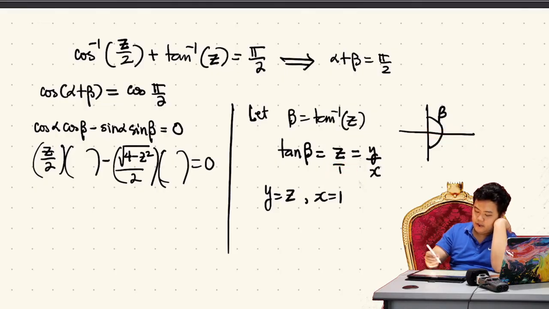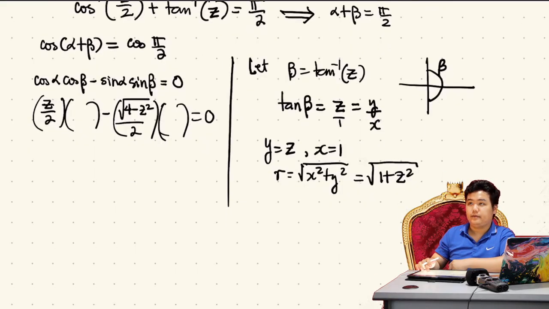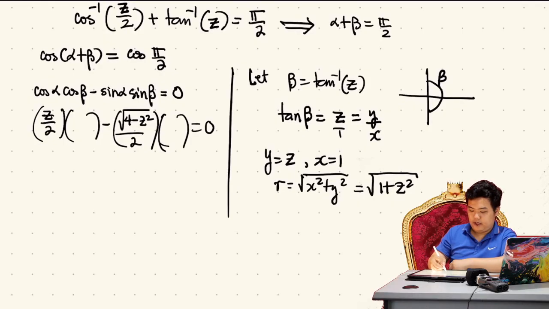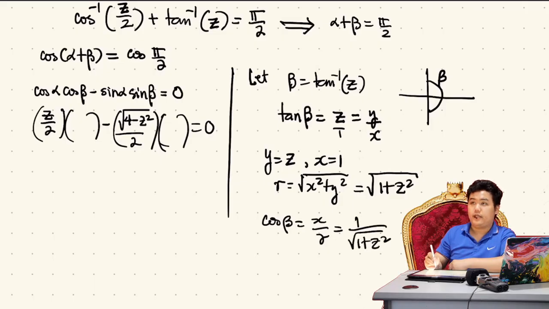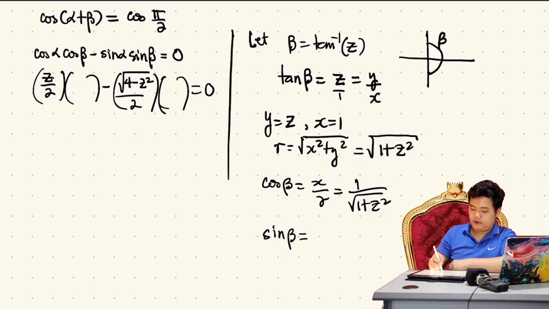Okay? So, we will compute for r, which is square root of x squared plus y squared, square root of 1 plus z squared. So, ang ating cosine beta is x over r. Ang x natin is 1. Ang r is the square root. And sine beta is y over r.